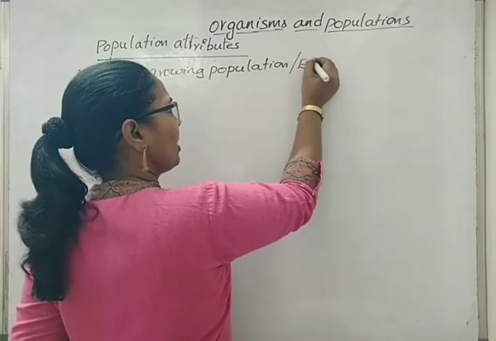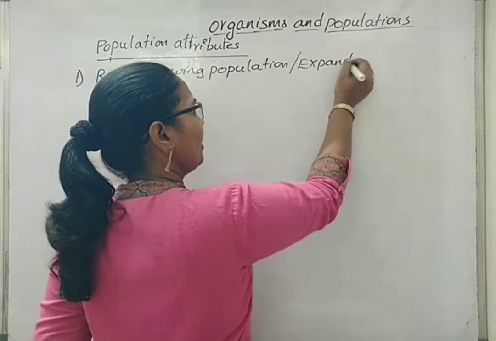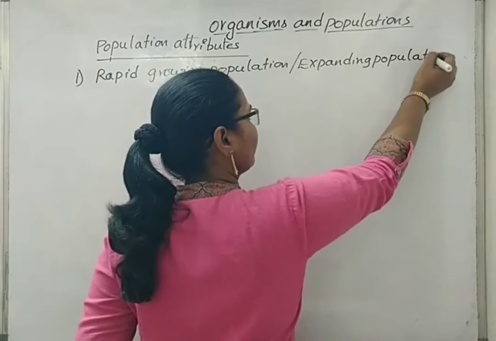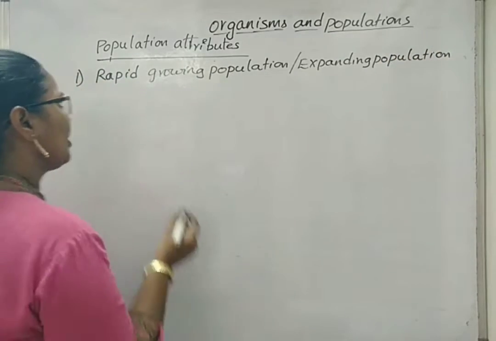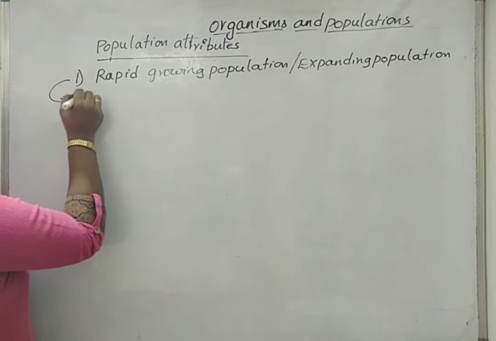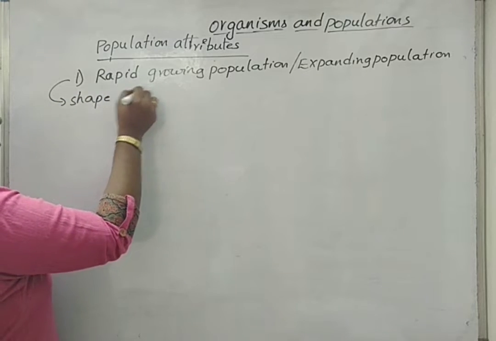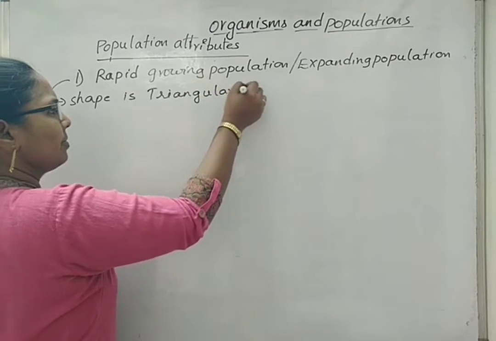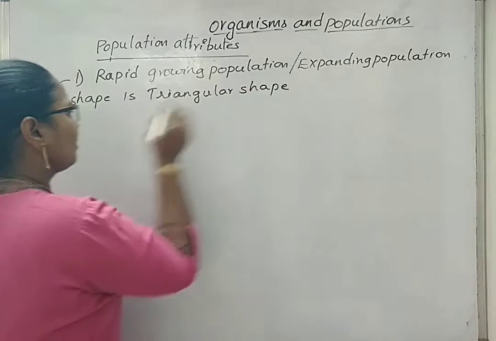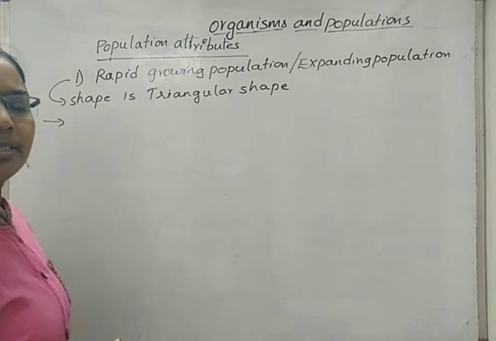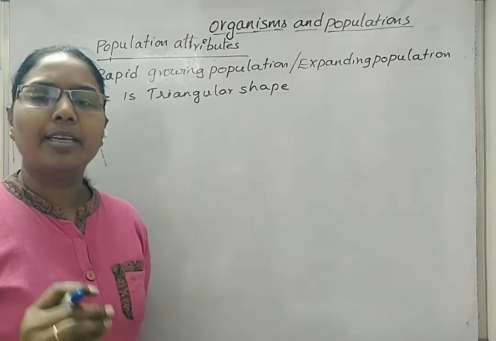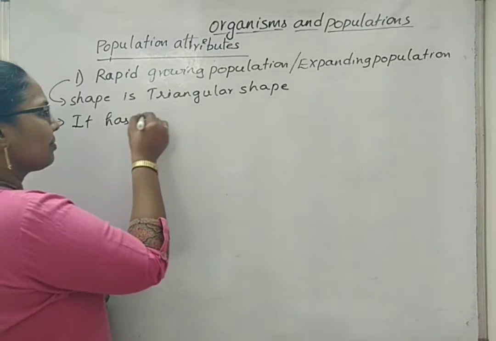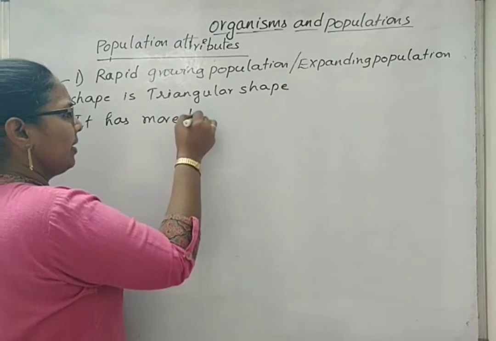Which is also called expanding population or expansive population. Shape of this population, triangle shape. In some types of populations, the number of young individuals is more. Some types of populations have a higher birth rate.